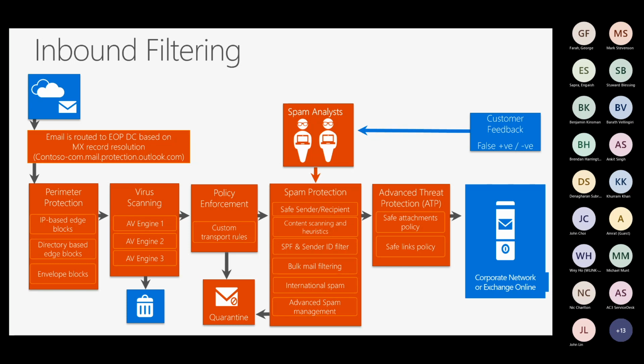The idea with safe links is that it is a reputation proxy. Any link that appears in an email, when a user clicks on it, will be sent through a proxy and verified that it is appropriate, it is correct, it's not malicious.